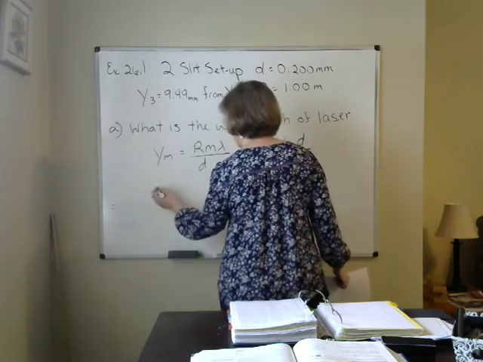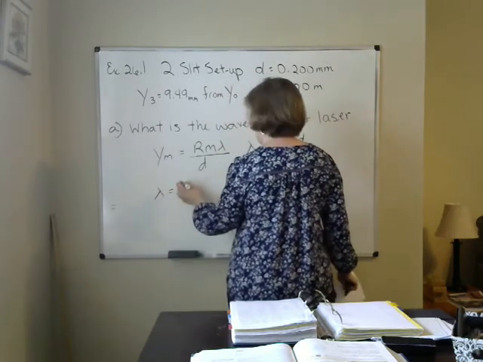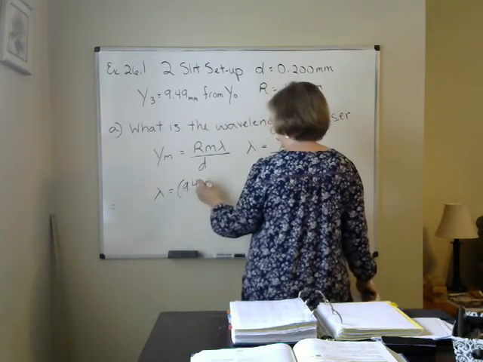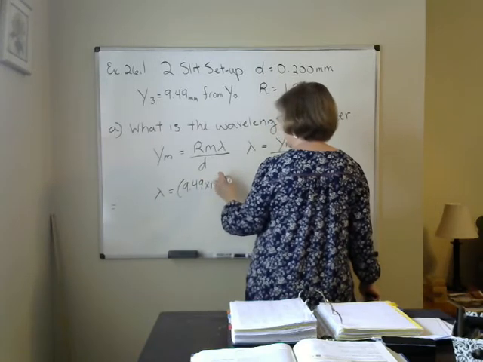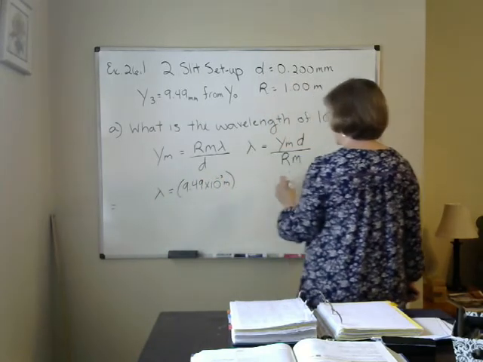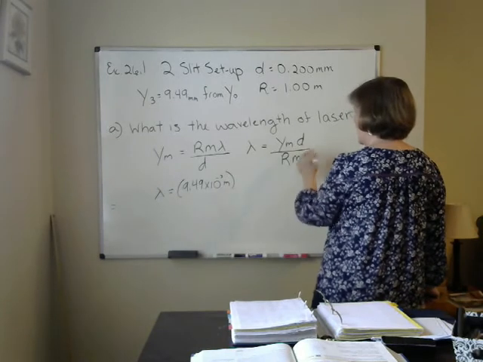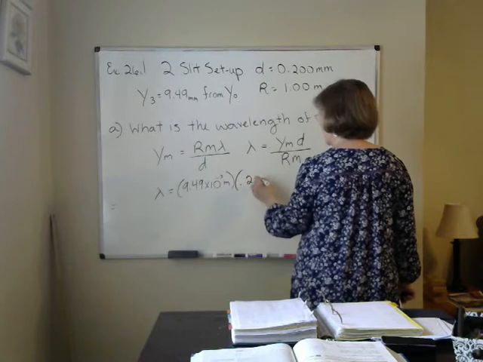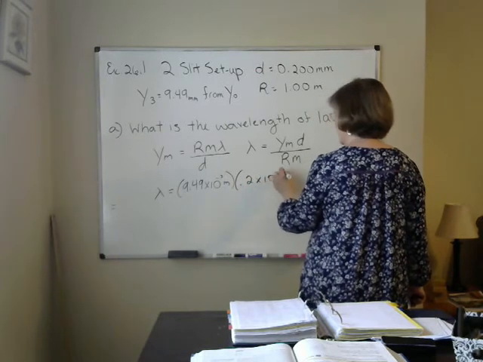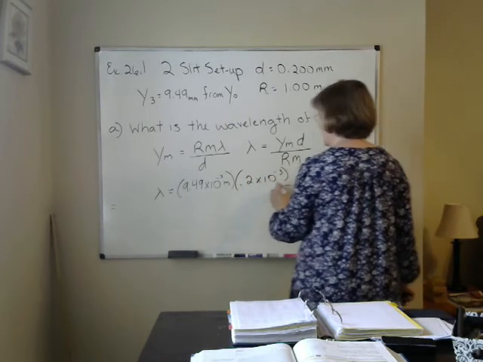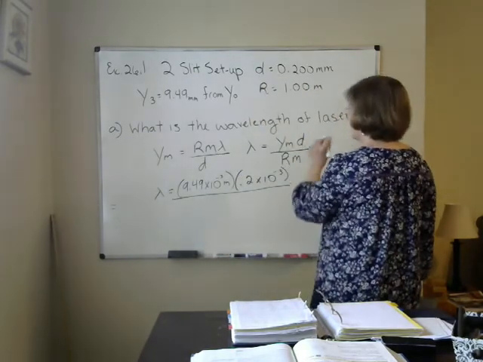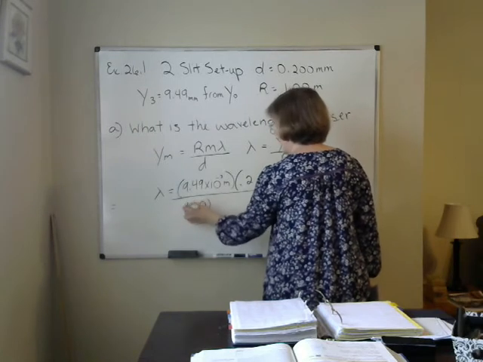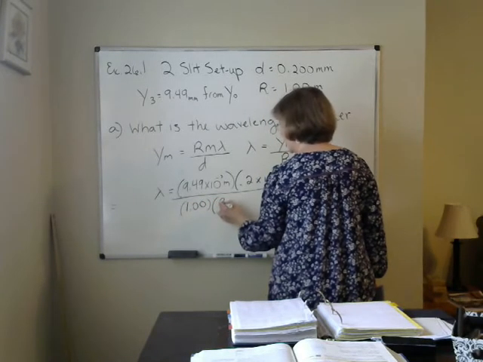The wavelength is going to equal 9.49 millimeters, which I need to change to meters, times the distance D, 0.2 millimeters, which again I need to change to meters, divided by R, which is just 1, and divided by M, and M is 3.